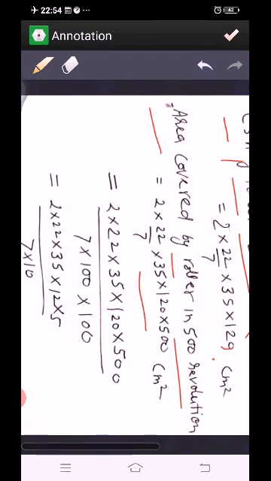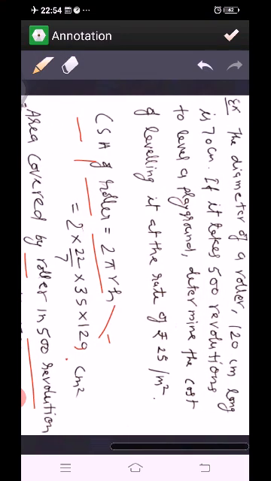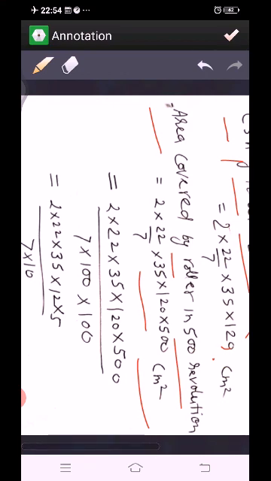Then we just solve it. This we are getting in centimeter square, because here all the dimensions were given in centimeters. So now we are dividing this by 100 into 100, dividing by 10,000 to change it into meter square.